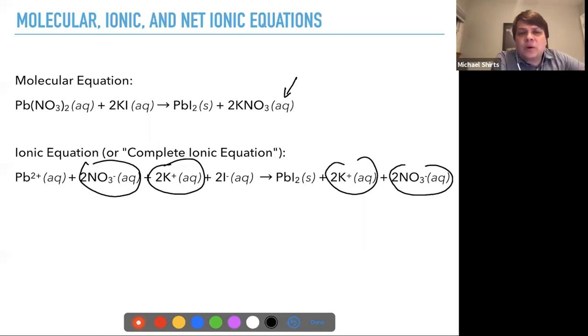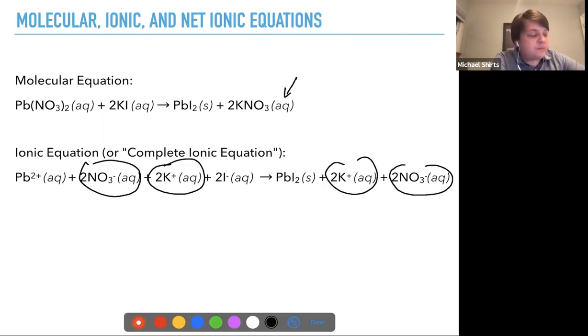The reaction that's going on is lead and the iodide ion reacting to produce lead iodide. The nitrate really has nothing to do with it. The only thing the nitrate has to do with it is that's what came along with the lead to begin with. That's how the lead went into solution, but it's not involved in the actual reaction. It's just standing around doing nothing.